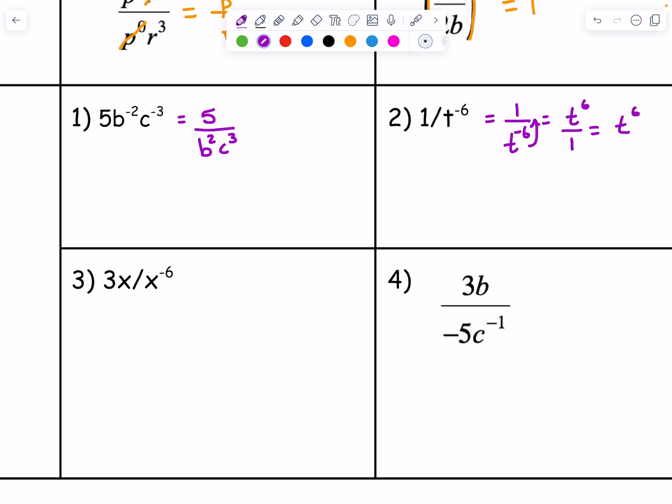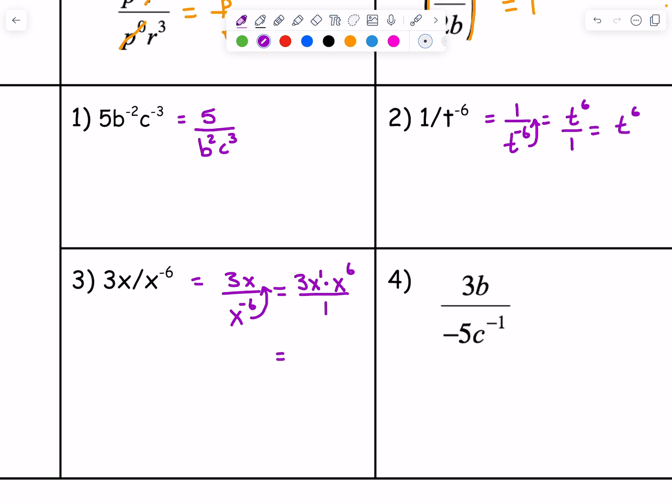All right, in the next example, we have 3x divided by x to the negative 6th power. So what I like to do is just fix that negative first and then think of what else I might need to do with this expression. So it'll be 3x times x to the positive 6th power, and it's all over 1. And then I can use my product rule to combine these since they have like bases.